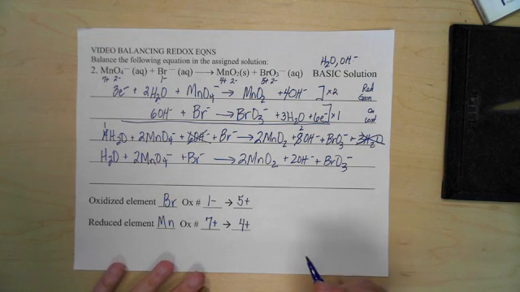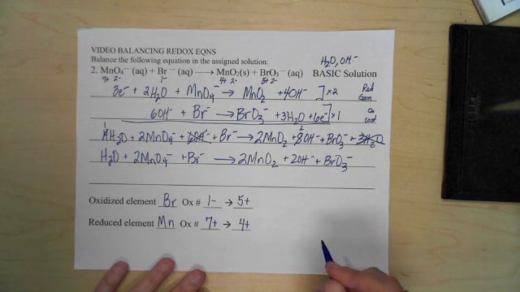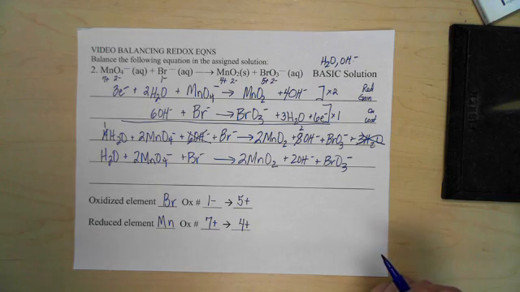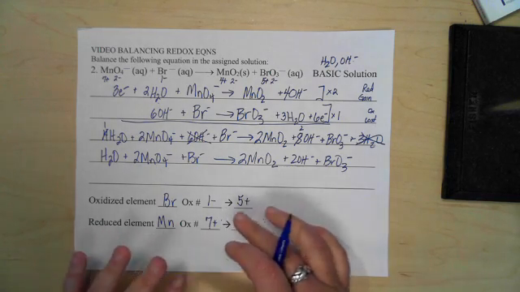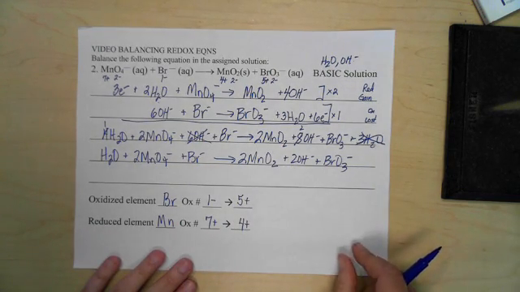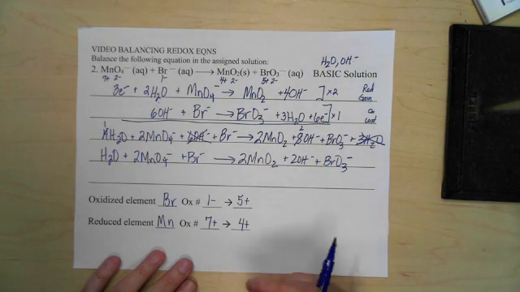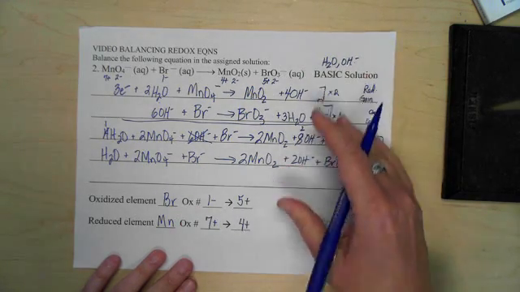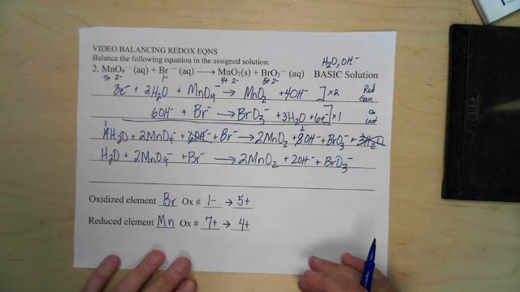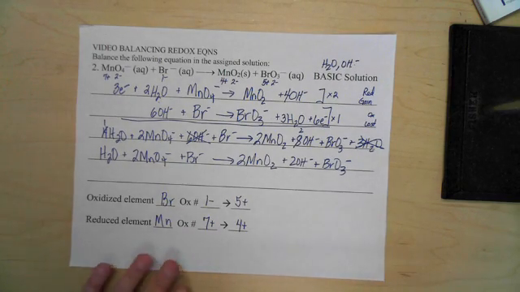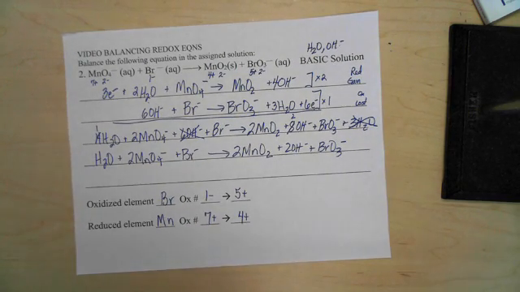Okay? And so if you were using the half reaction method, you would need to know the oxidation numbers. And on a test, you'll have a balancing equation that looks just like this, one in acid and one in base. Okay, this brings us to the end of number 2.